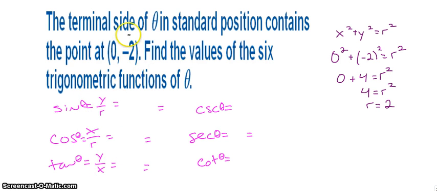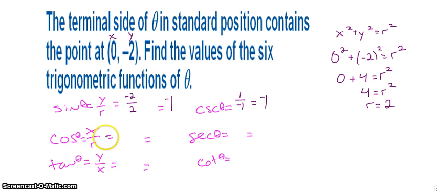So sine is our y value over our radius value. If I have negative 2 over 2, I can simplify that to negative 1. If I flip negative 1, say I had negative 1 over 1 and then changed to 1 over negative 1, that's really still the same thing. So if I flip negative 1, I still have negative 1.